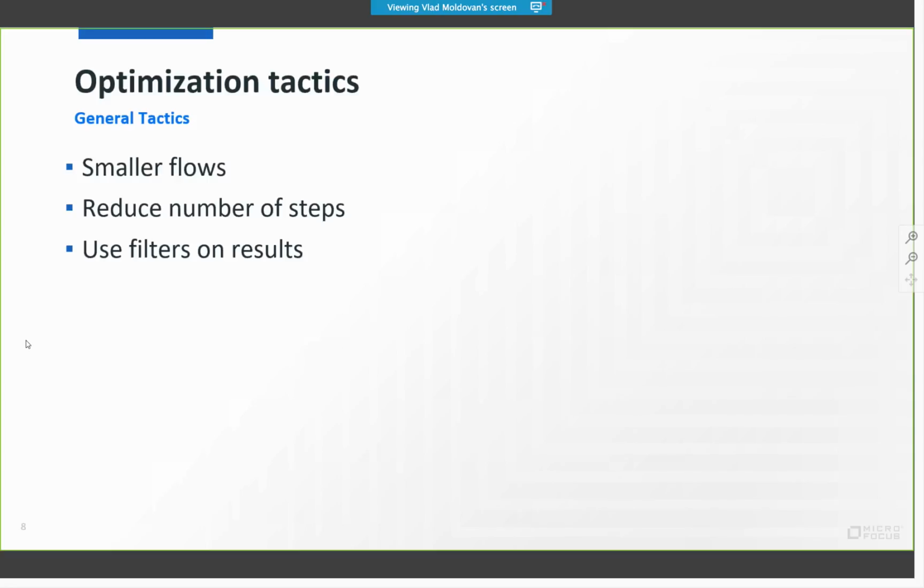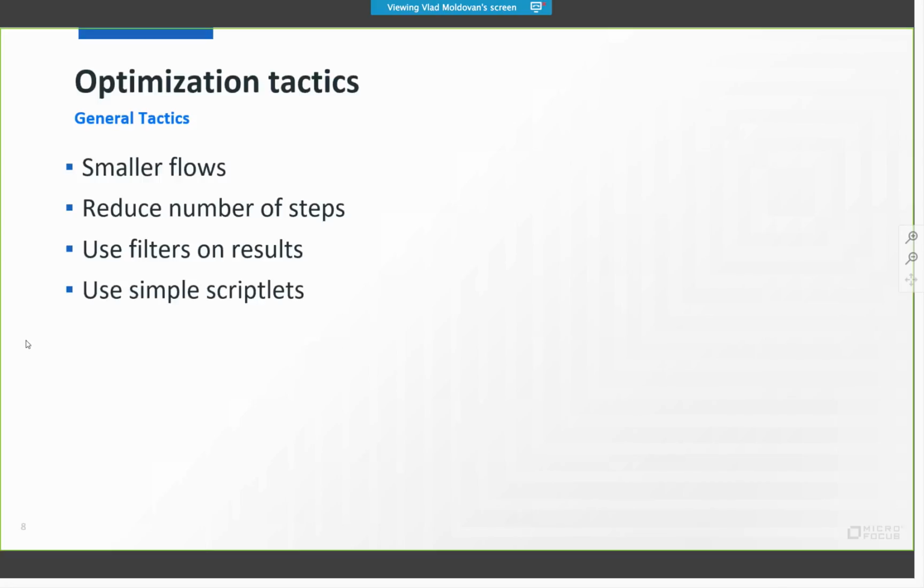Use filters on results. Well, yeah, this seems pretty obvious. Well, sometimes some of the large variables are generated just in order to process them down to a smaller size. Now, through the use of filters, you can handle most of that processing on the step where you are retrieving the data.